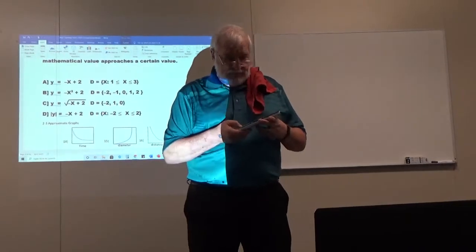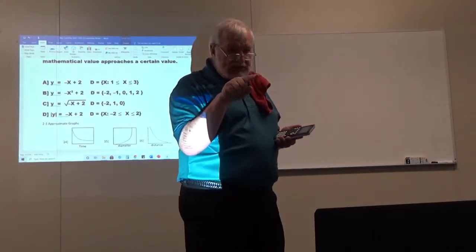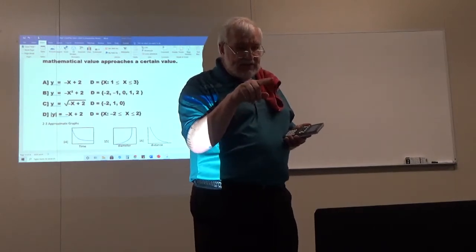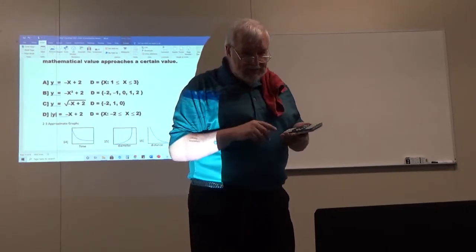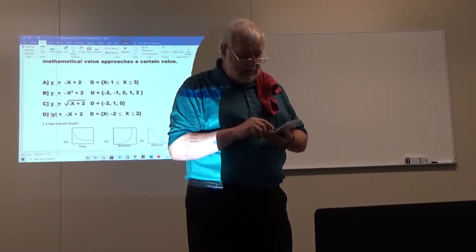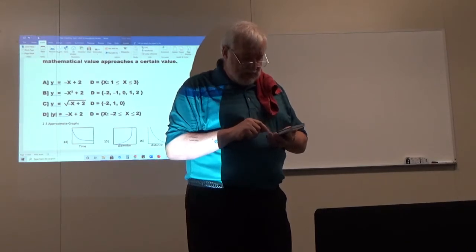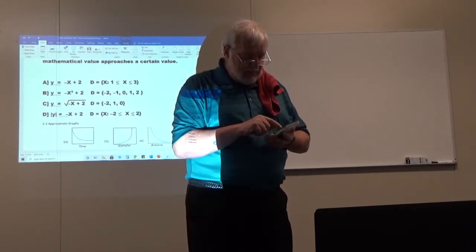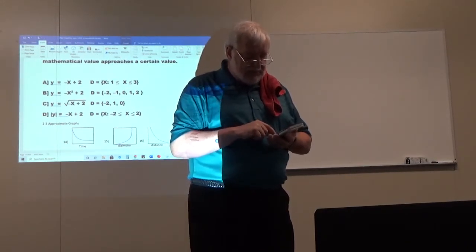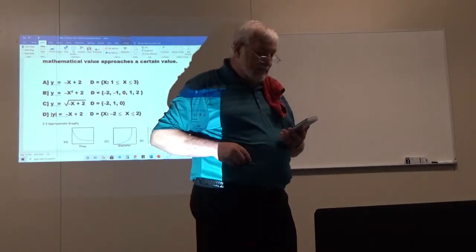Let's go into y equals and put in choice C, y equals the square root of negative x plus 2. So go to y equals, clear what you've got, and go second x squared, square root of negative x plus 2. And then look at the graph.